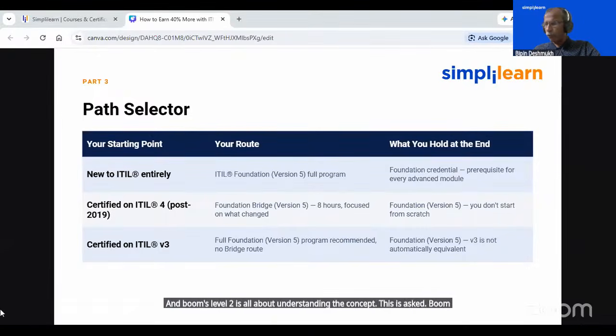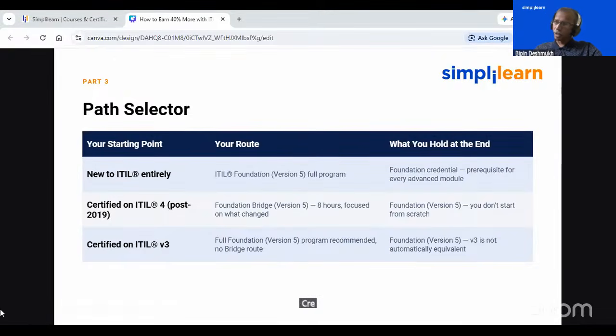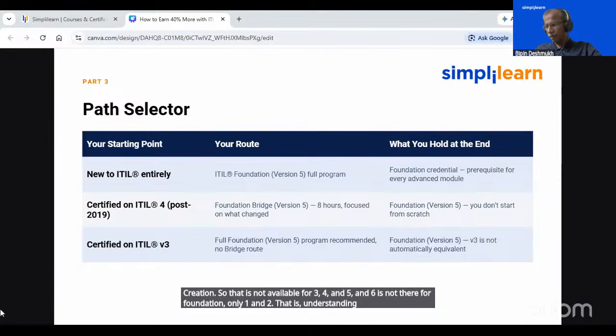Bloom level 3, 4, 5, and 6 is not asked in ITIL Foundation. Three is application, four is analysis, then it comes to implementation, and finally creation. So that is not available for 3, 4, 5, and 6 is not there for foundation. Only 1 and 2. That is understanding and recall.